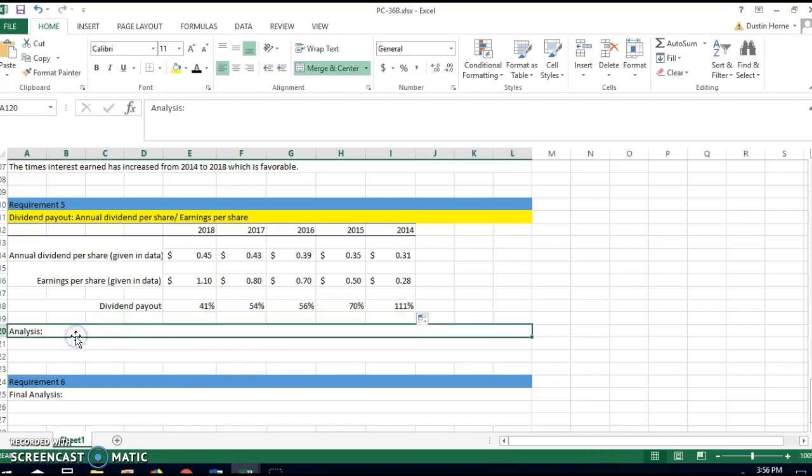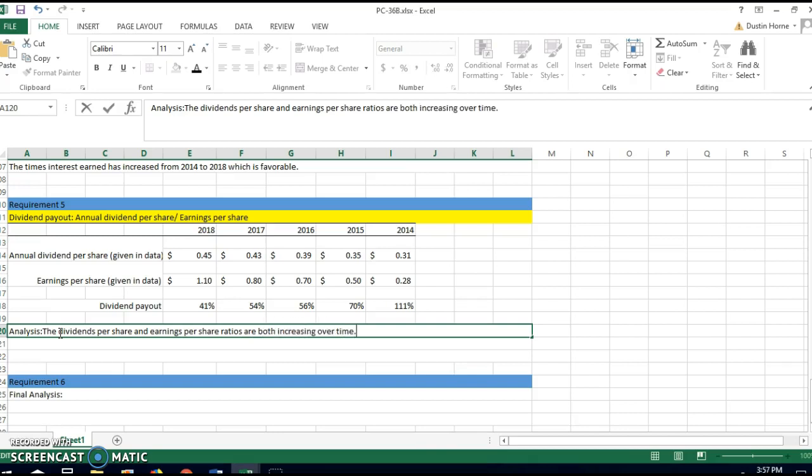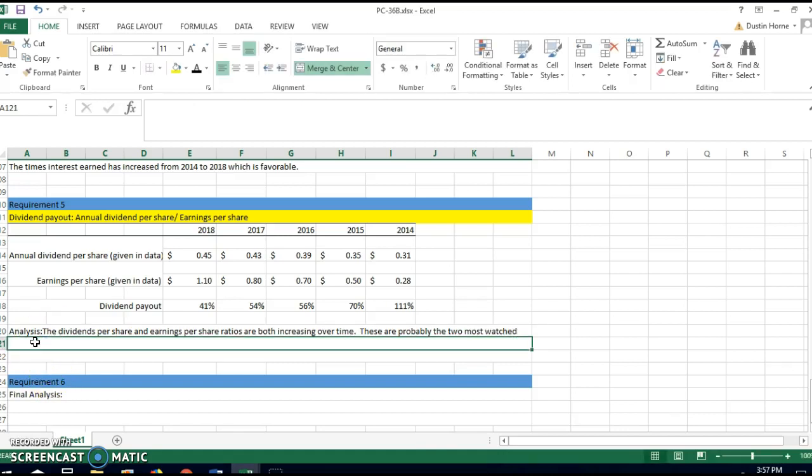So let's look at our analysis here. We can say here that the dividends per share and earnings per share ratios are both increasing over time. These are probably the two most watched financial measures.